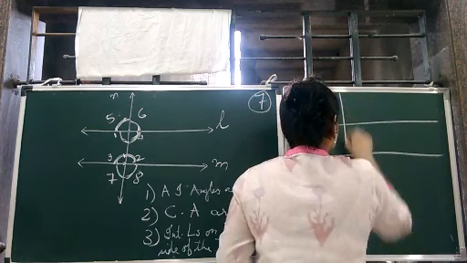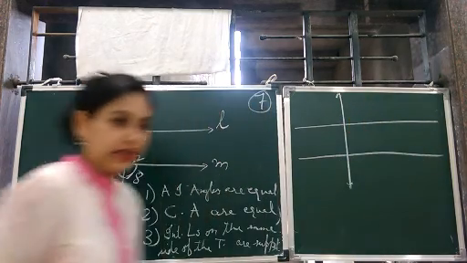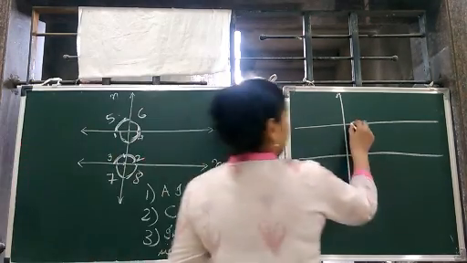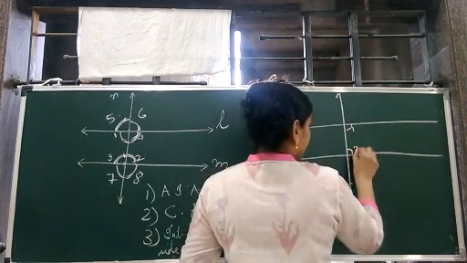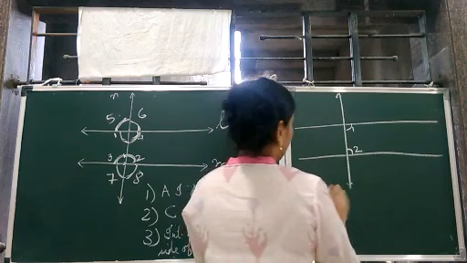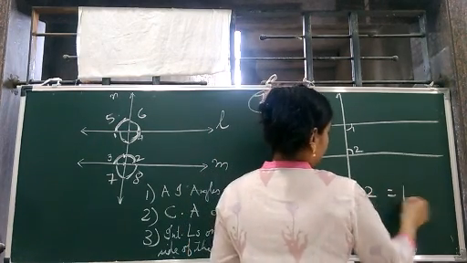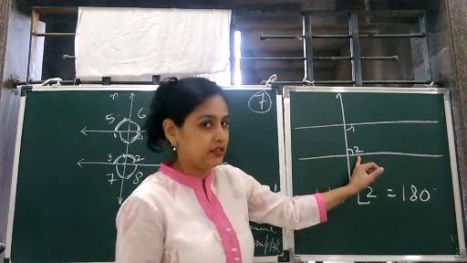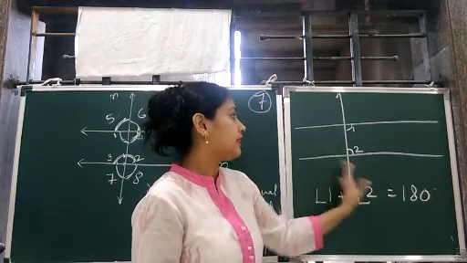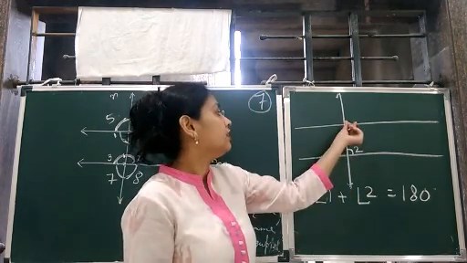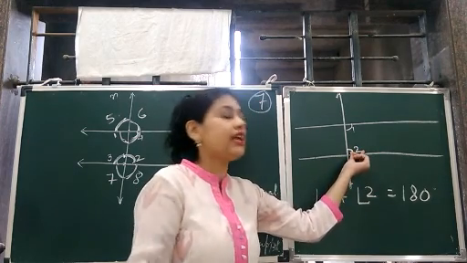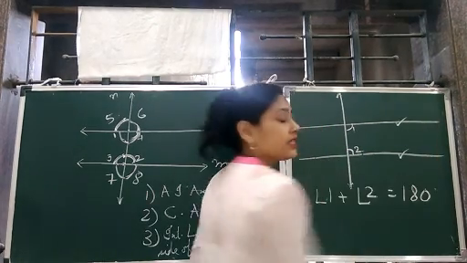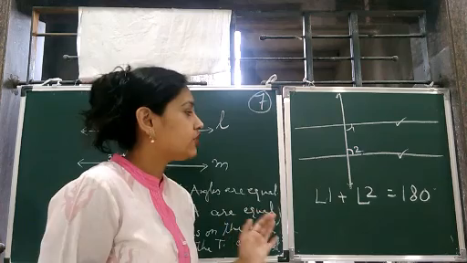If a line is transversal to two lines, and if the interior angles on the same side of the transversal are supplementary, then the two lines are said to be parallel lines.